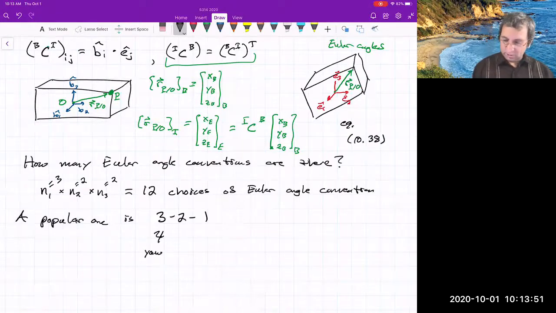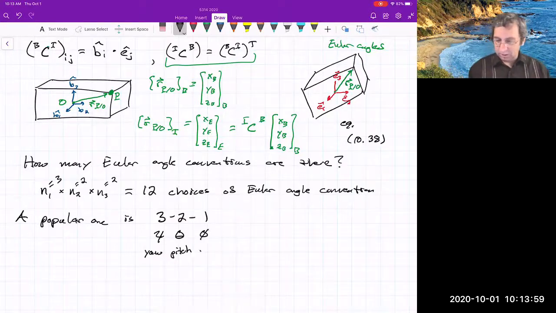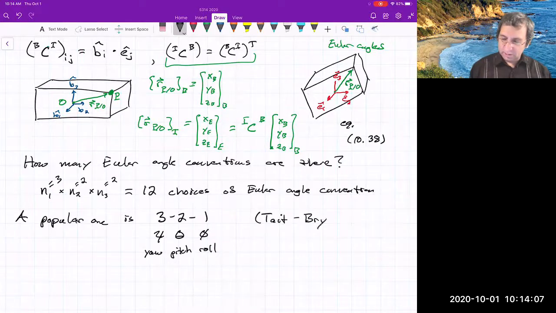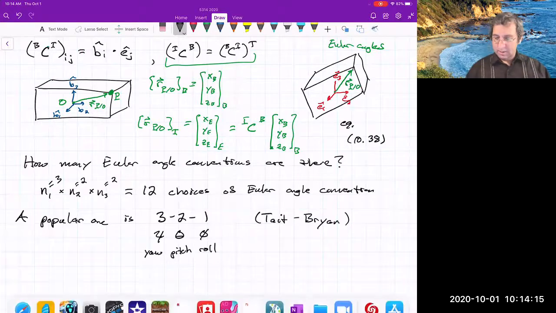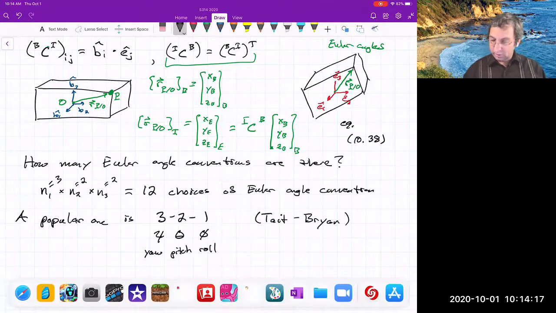And then the second rotation is through an angle theta, which we call pitch. And the third rotation, let's just call it phi, but that's roll. And that's why these are sometimes called yaw, pitch, and roll. I don't know why this name is attached. Maybe these people think they invented it. Sometimes called the Tait-Bryan convention. There's, and I'll give you this table.